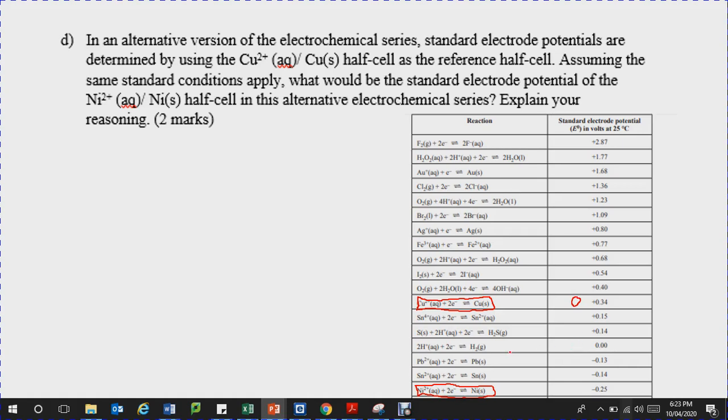When our hydrogen is the reference cell, it's set to 0. Now copper is 0. The difference between these stays the same, but each individual potential will differ. There was a 0.34 difference between copper and hydrogen, so that makes hydrogen negative 0.34.